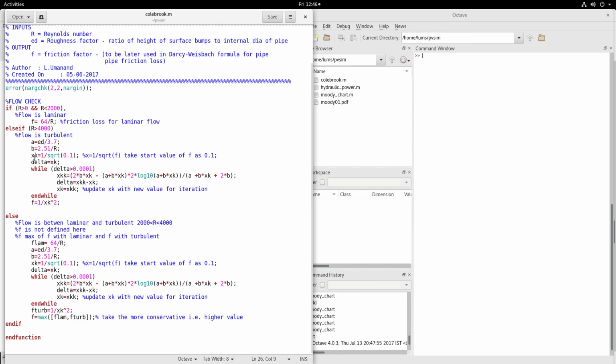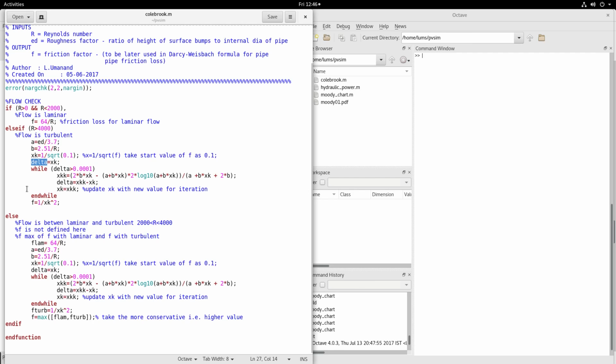Now xk, the initial value of xk, I am going to set as 1 by square root of 0.1, as discussed earlier. And I will use a variable delta and set it as xk. Later, within the loop, I am going to use delta as the difference between the present and the previous estimate.